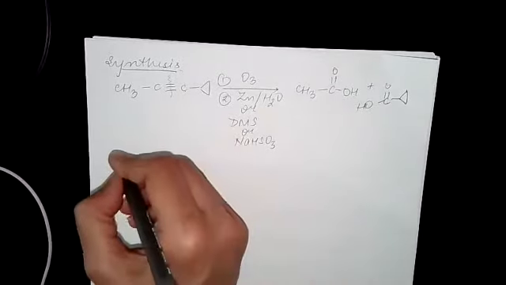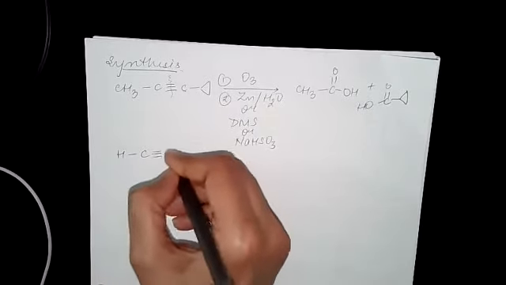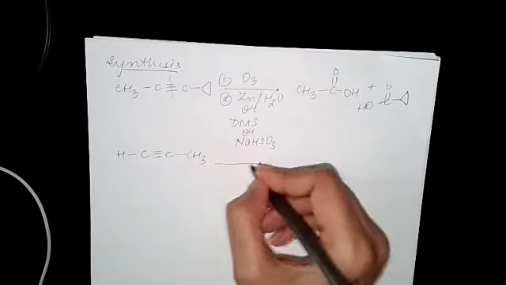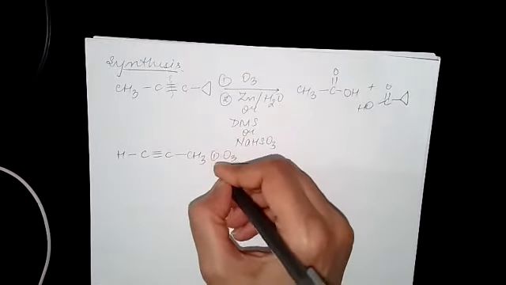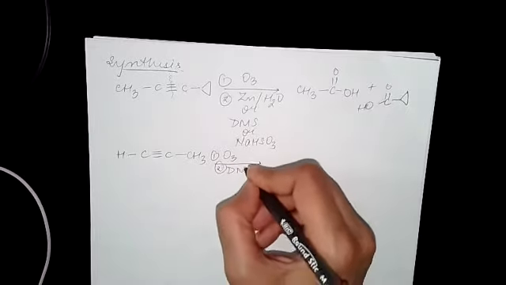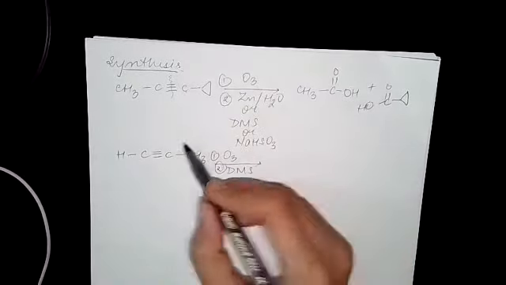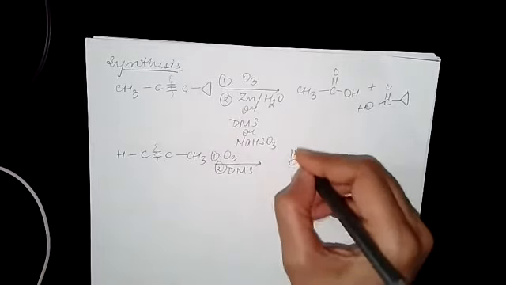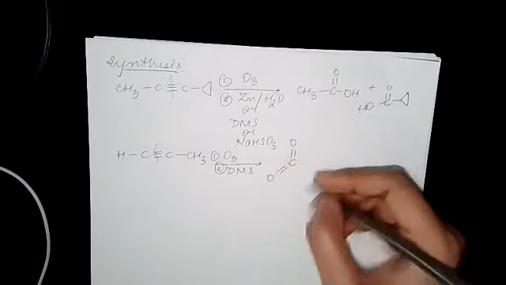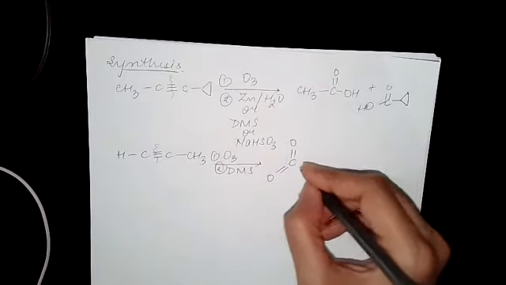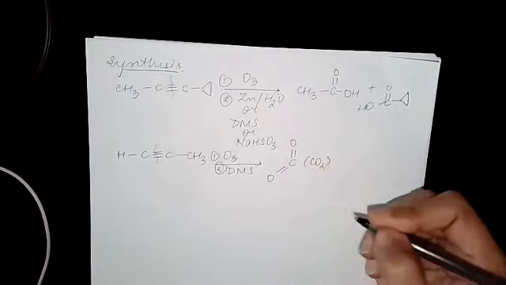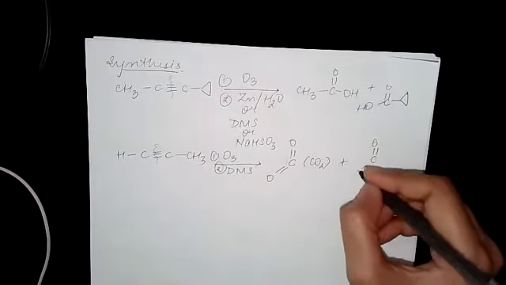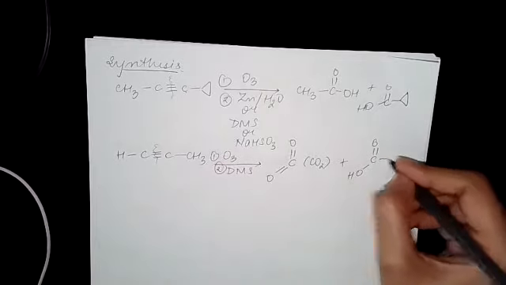If we have a terminal alkyne and I use these conditions, cleavage will occur right here and I will get carbon dioxide gas along with the acid that will be produced.